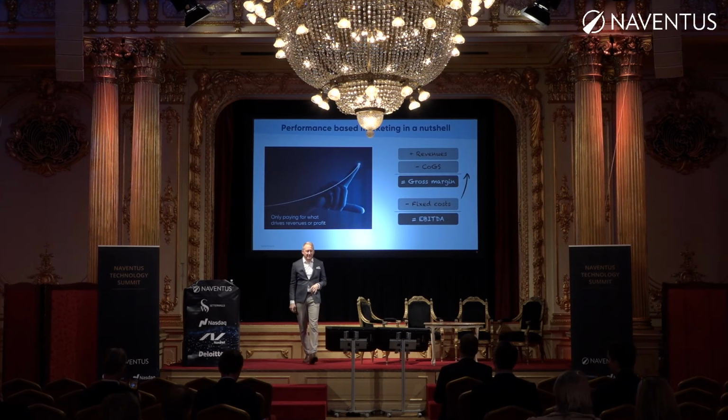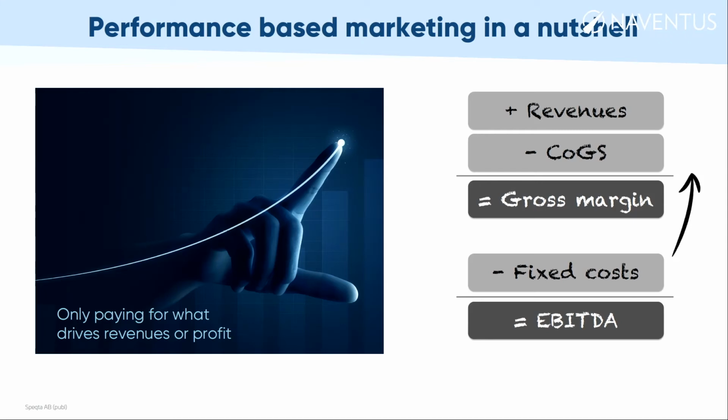Performance-based marketing is about marketing not being a fixed cost that needs to be covered by the revenue you generate, for example, in a brand campaign. It's about every marketing spend being seen as a cost of goods sold. It's very related to the sales it's generating.